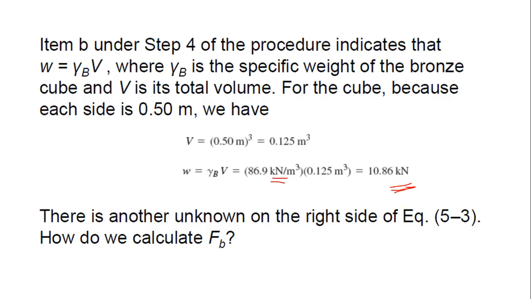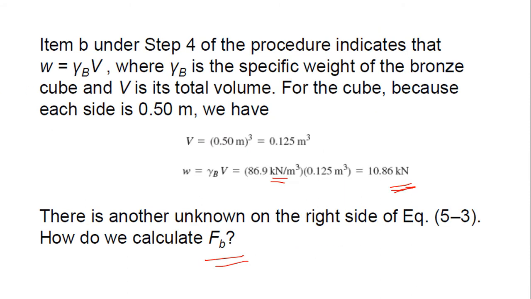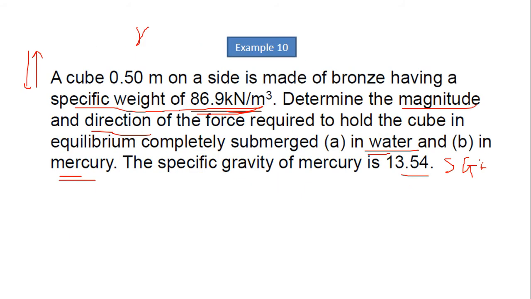Now you want to find FB, and there is something you have to know before you can solve the equation to calculate FB. Similarly, they gave you the specific gravity of mercury, 13.54. You can change it to rho, or you can change it to specific weight.